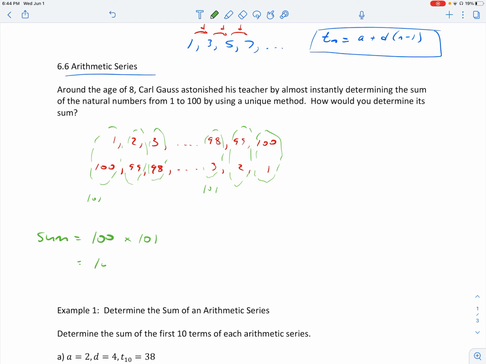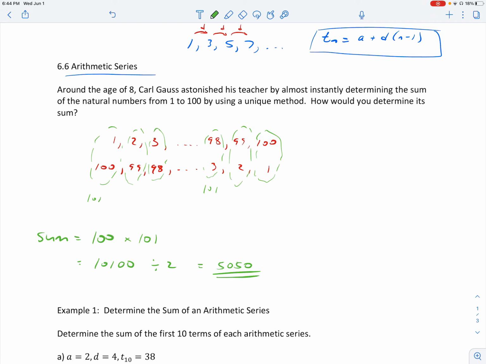We can just move the decimal place over twice to get 10,100. Now we need to cut this number in half, because this is the total of both sets, so one set is just half of that. We divide this by 2 and get 5,050.